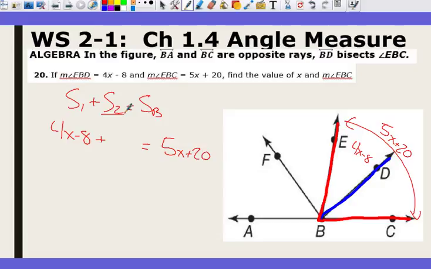Okay, we need to figure out what the equation for slice 2 is. Remember, we took our big slice here, and we split it in half. So should both halves be equal? So if the equation for this is 4x minus 8, this also has to be 4x minus 8.